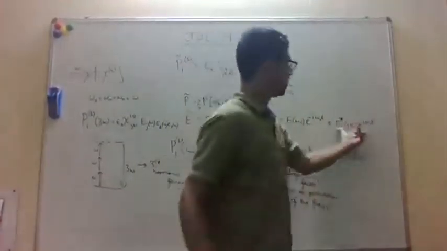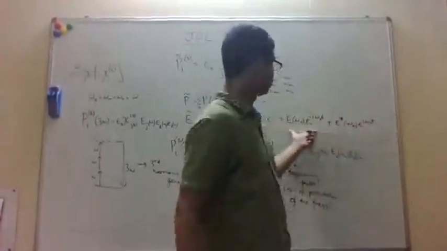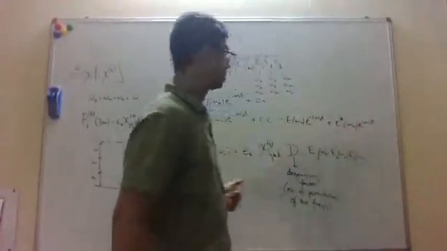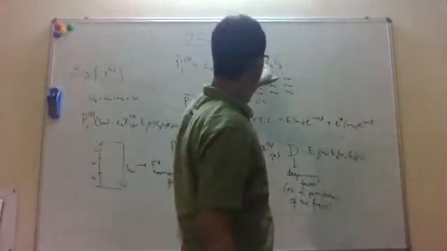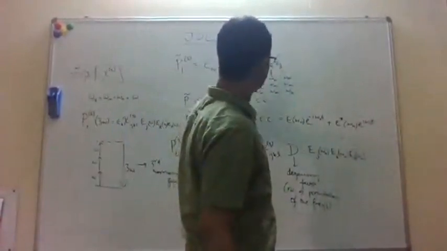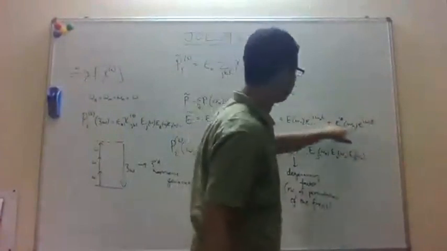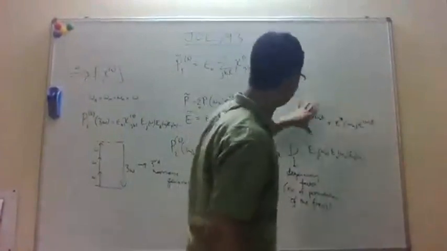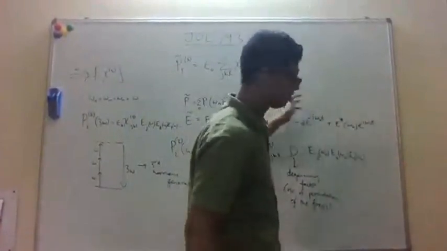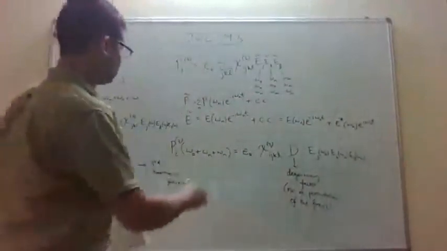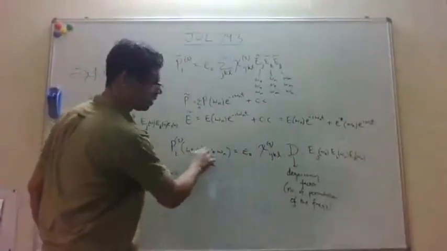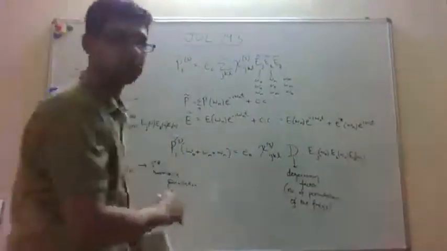Right? So this whole thing is a real quantity. So for example, for one of these three terms, I could take the conjugate part, but for the other two, I would take the other part, right? So you could have minus signs somewhere here, depending on where you take the conjugate.